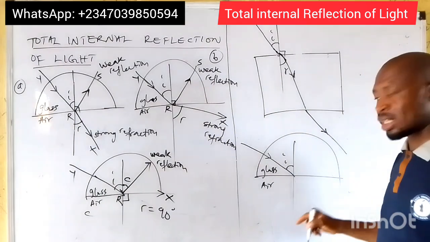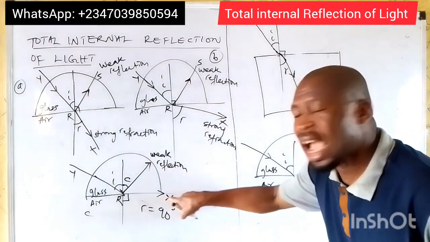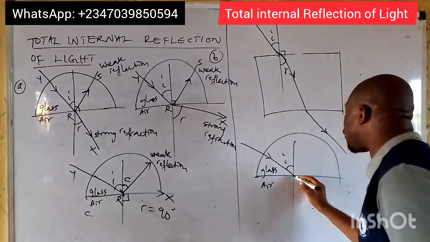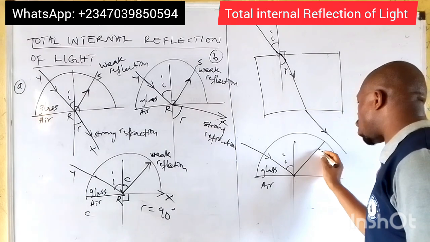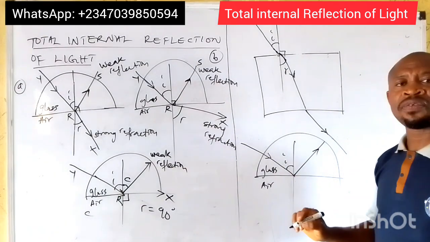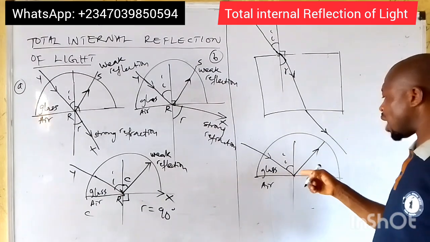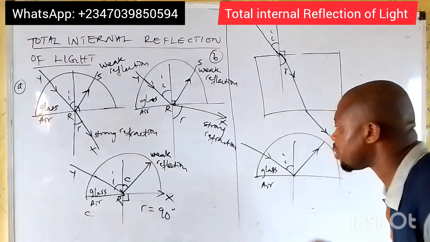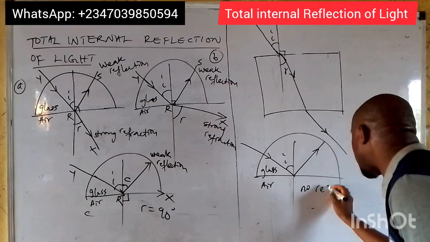Now, all the rays, instead of lying on the glass-air interface, will now go back, and all of them will pass through. In that case, there is no refraction here. There is no refraction at all.